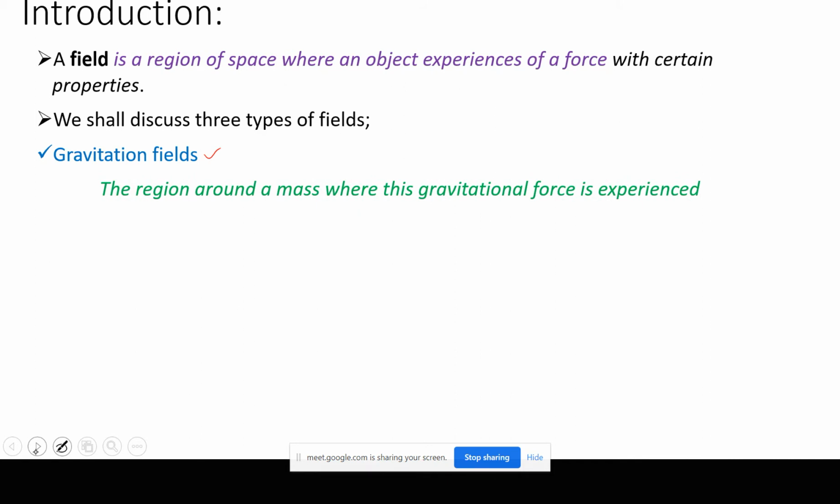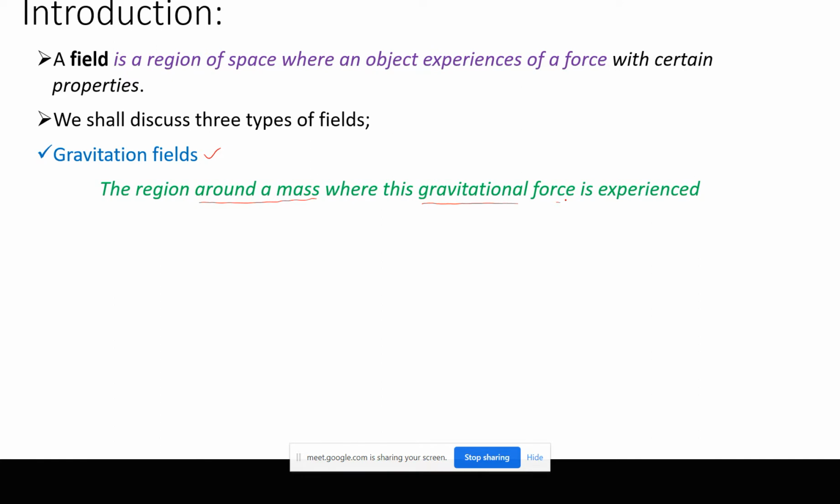There is always a region of space around a given mass where a gravitational force is experienced. At any point around the Earth's surface, a mass will experience a force. That means even if we have two masses close to each other, one mass experiences a force due to the other mass.